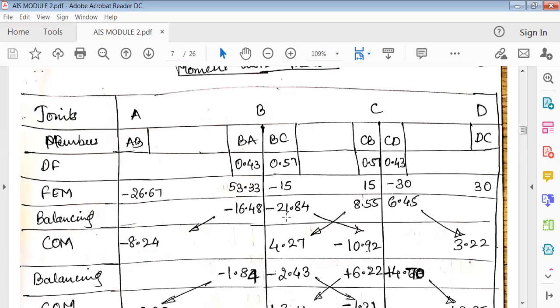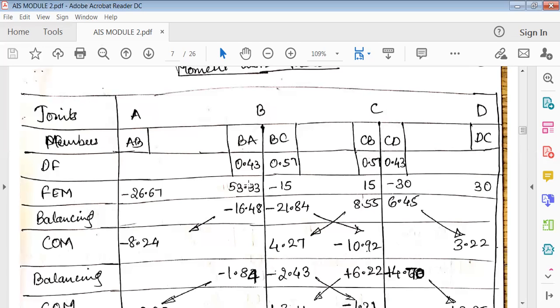Then 38.33 into the distribution factor: 38.33 into 0.43 is 16.48. Similarly, 38.33 into 0.57 is 21.84.